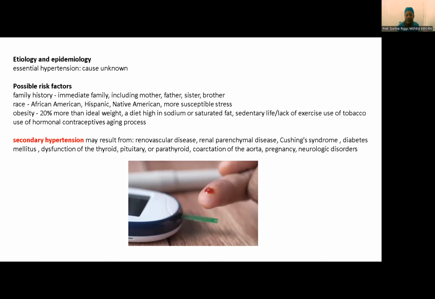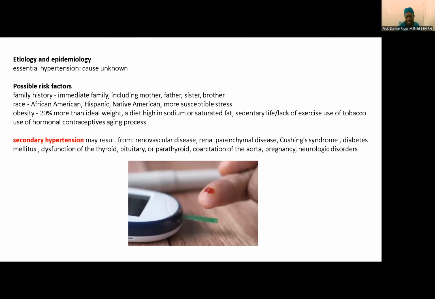A sedentary lifestyle, which we've talked about before, is a lifestyle that does not include exercise. And of course, smoking. And those who are on hormonal contraceptives. Okay, and getting old. So lots and lots of risk factors. Please don't forget the risk factors, because this question comes at you a couple different ways. So be familiar with different risk factors.